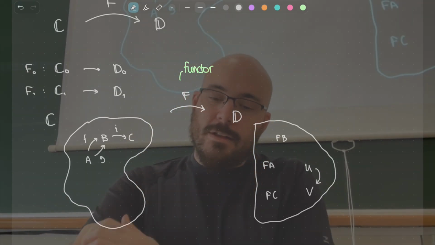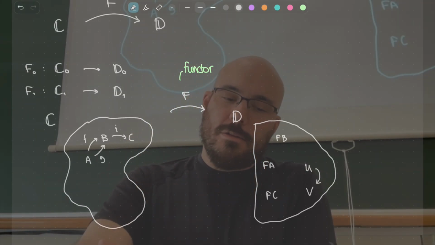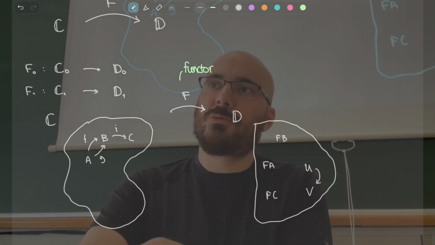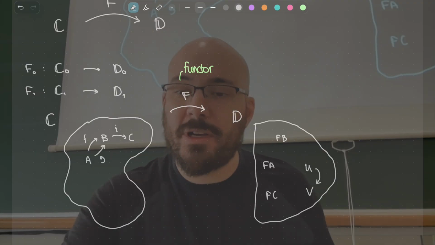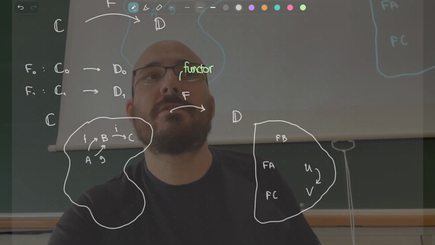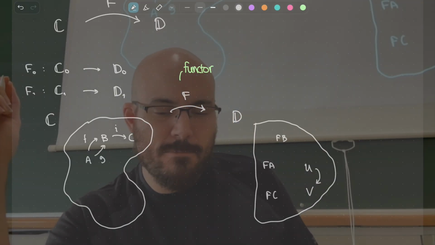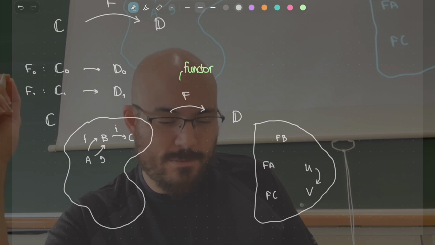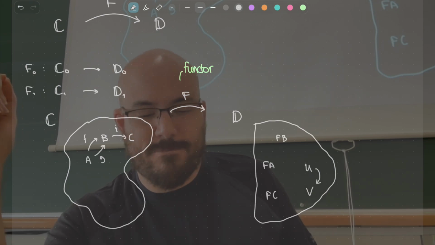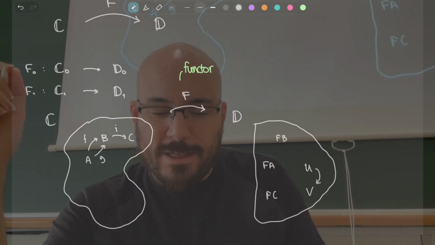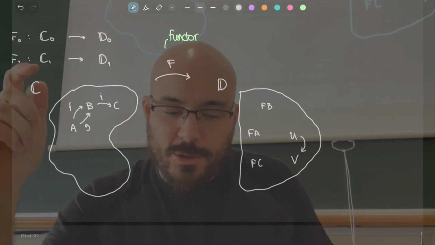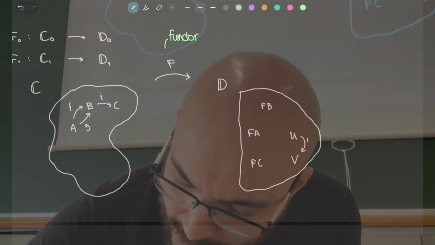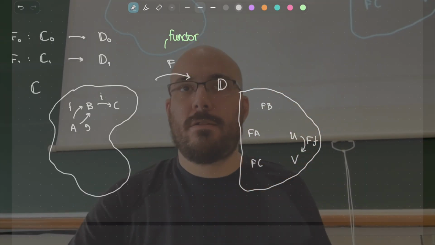Good, okay. Any ideas? What laws should I impose on the functor concept? Yes, Vanolis? The source and the target of the F of an arrow should be the F of the source and target. Very well. It should be compatible, so that, for example, you will not send f here.